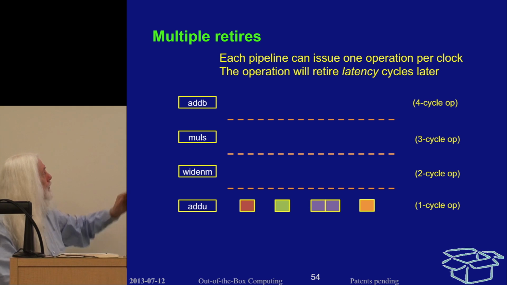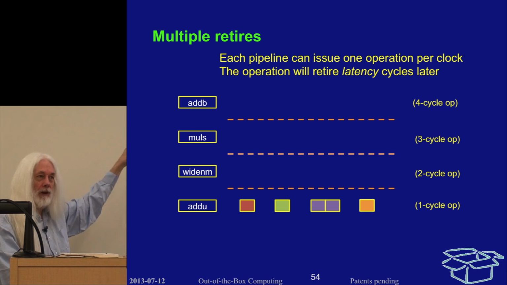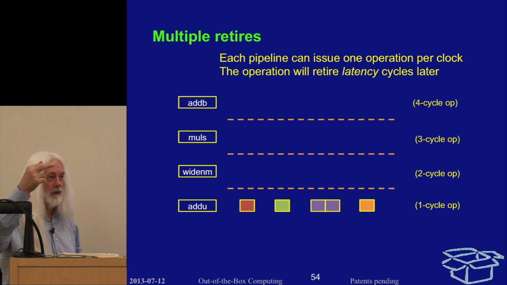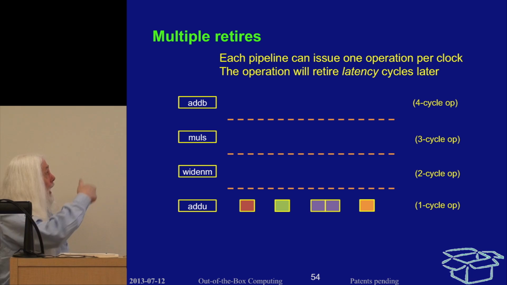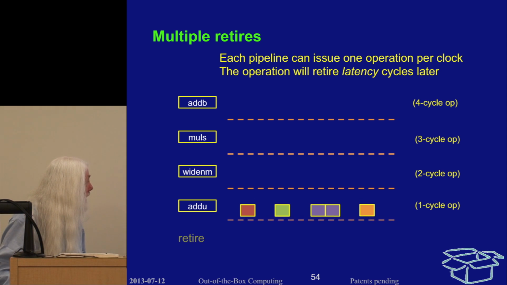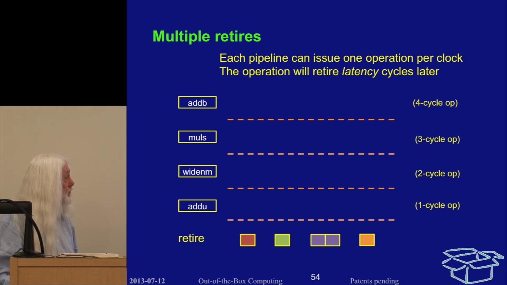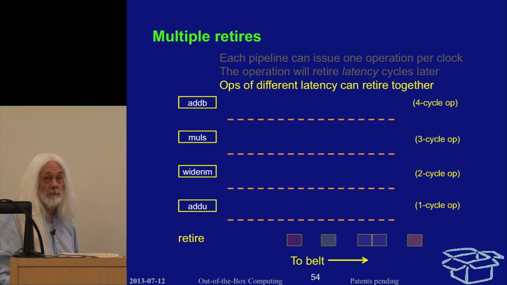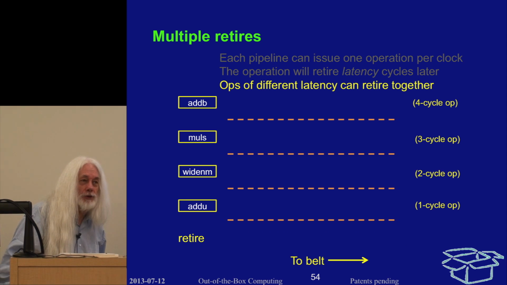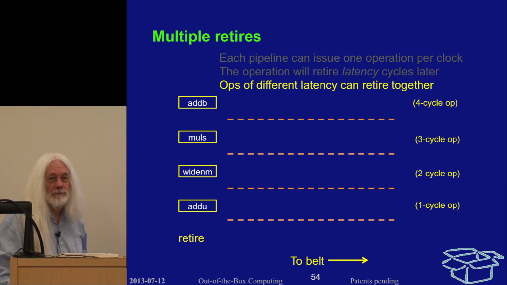I could have done 4 add Bs, and I would have internal state of one add that's gotten 1 cycle done, and one add that's gotten 2 cycles done, and one add that's gotten 3 cycles done. I'm showing them as different ops just so that we can see the different latencies happen. So, a cycle after that, we're ready to retire, and they all go off to the belt. Different latencies can retire simultaneously.